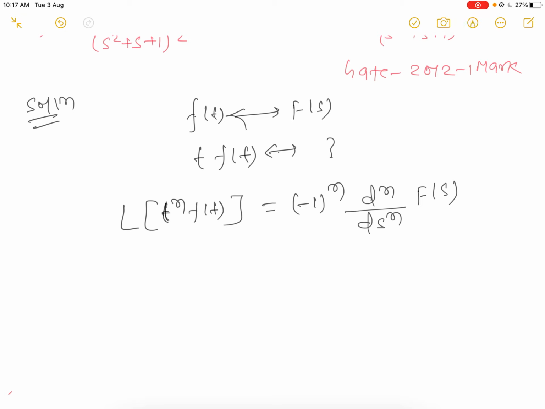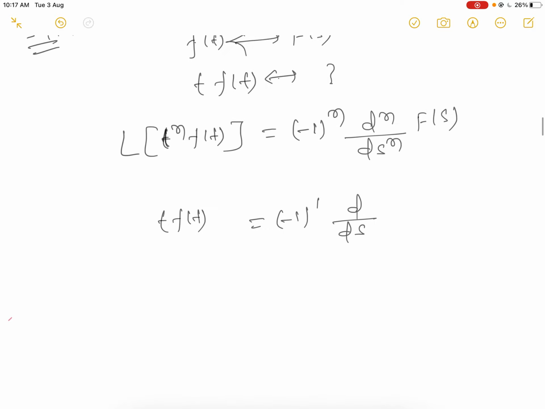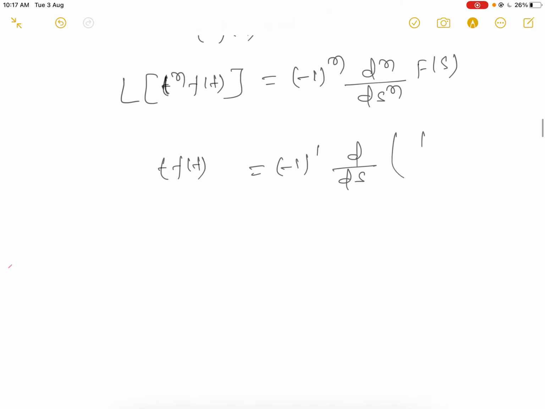So here there is only t multiplication, then minus 1 to the power 1, t f(t), and d upon ds, and the value is 1, so it will be differentiated once.